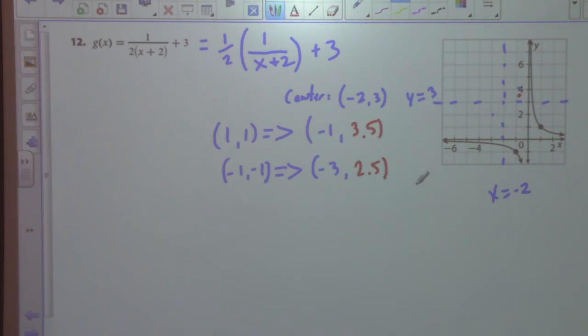Then we can graph this by, okay, we went right here, up. It's going to go like this, kind of like this, right? Something like that. And this one here is going to go something like that. My motor control is not very good.